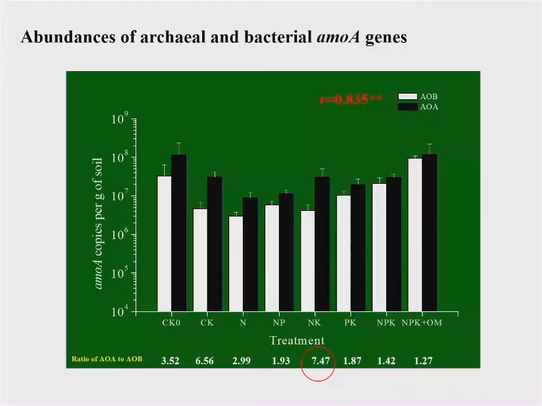So we want to understand what microbes are playing the role. This dark color is AOA, ammonia oxidizing archaea, and this white one is ammonia oxidizing bacteria. You can very easily see the dark color is higher than the white color.